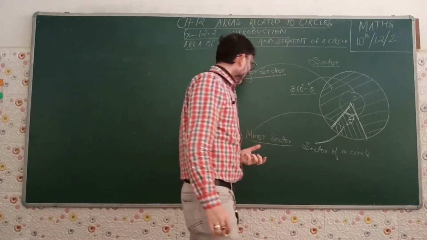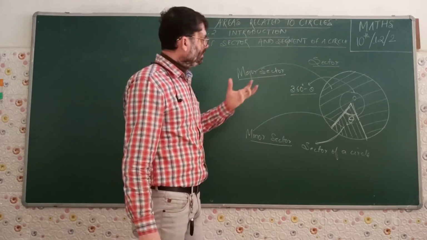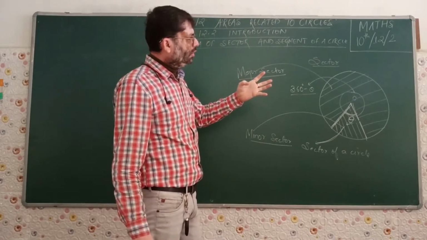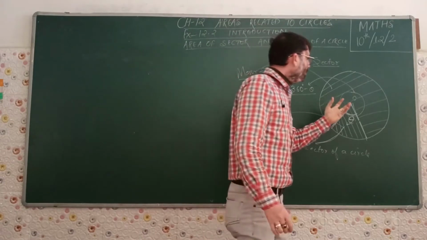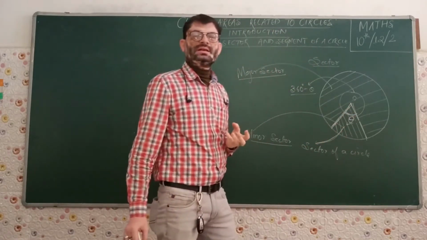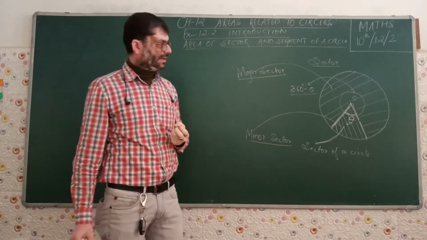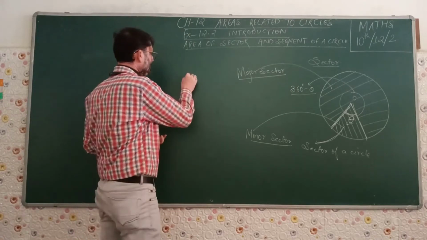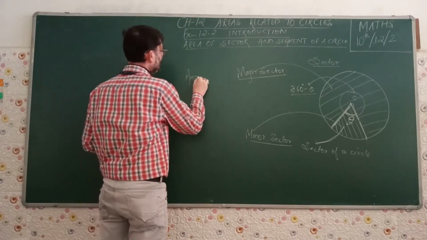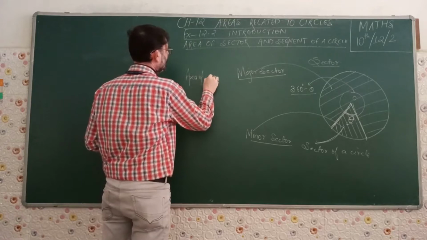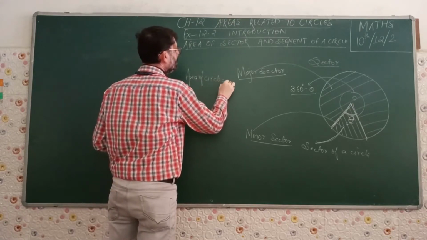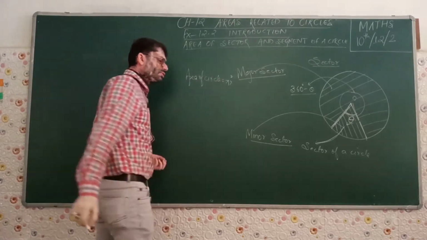Now, to find the area of that sector, we need to first of all observe the part of the circle a sector is taking. We know the area of a circle is pi r square. In our previous session, we have done that the area of the whole circle is pi r square.